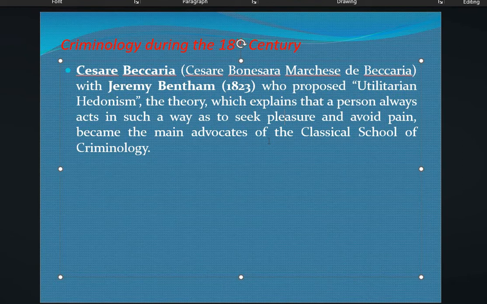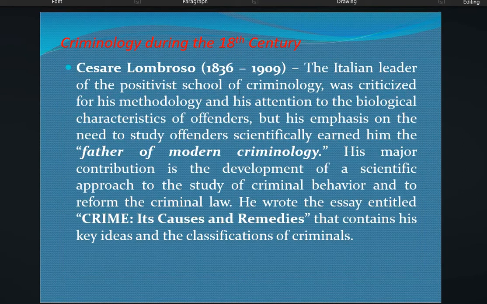For example, we prefer faster money. So we steal or snatch belongings, rather than work hard for it. Okay, so we are more on the pleasure side rather than the pain of hard work. Okay? Next will be Cesare Lombroso.